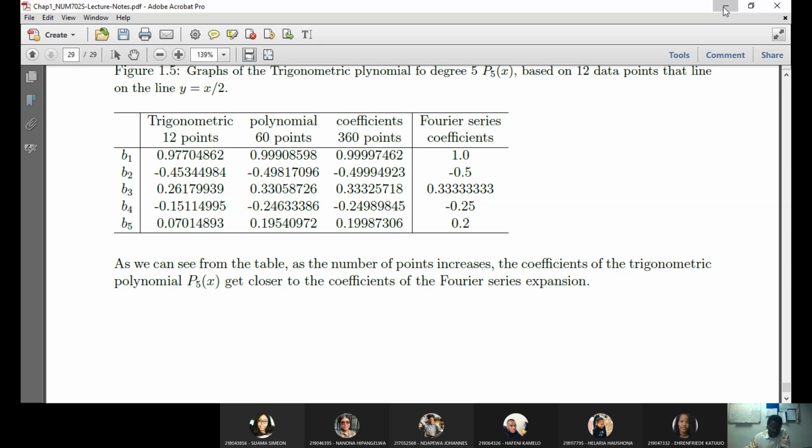Is there any question? Any question, any concern, even if it's not related to what we just covered, even if it's from the previous section, you can ask your questions.